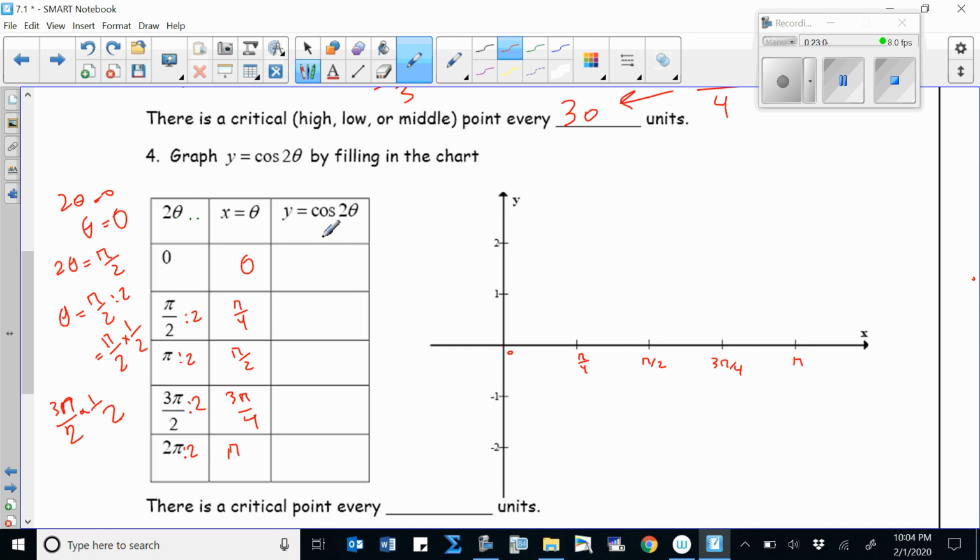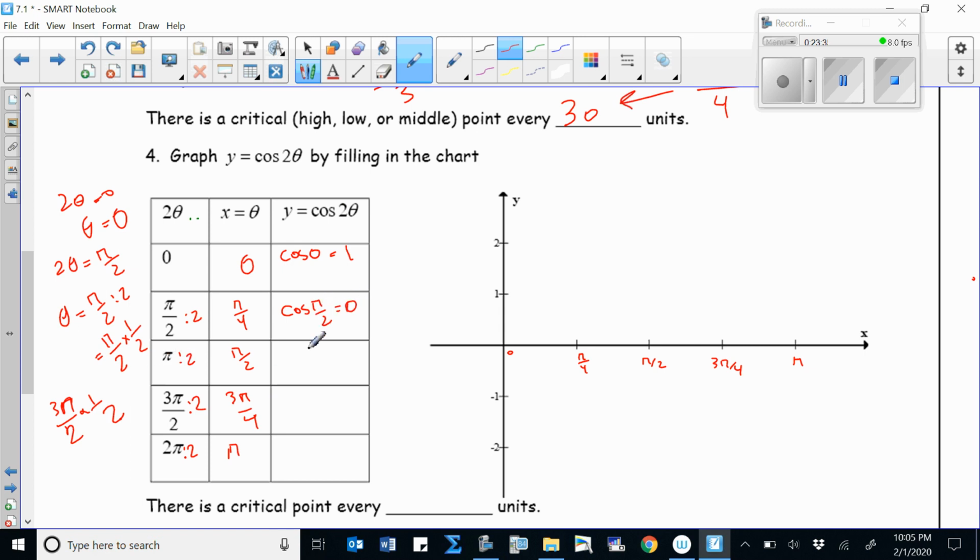Now, the value of the function at these points. This will be cosine of 2 theta for when x is 0. Cosine of 2 times 0 is cosine of 0, and that's equal to 1. Then the next one will be cosine of 2 times pi over 4, which is cosine of pi over 2, and that's equal to 0.